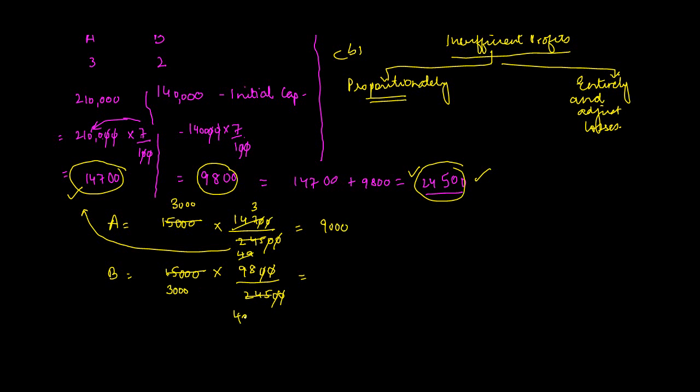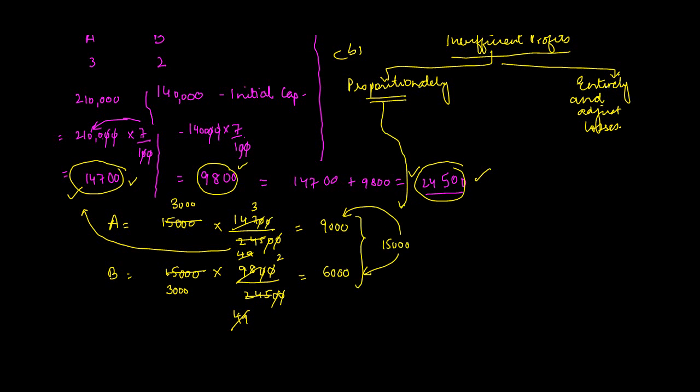Here you will get 49. 49 goes into 98 two times. 2 into 3,000 is 6,000. So the total interest of 15,000 will be proportionately divided between A and B in the ratio in which they are entitled to the interest payouts. So you do it proportionately.